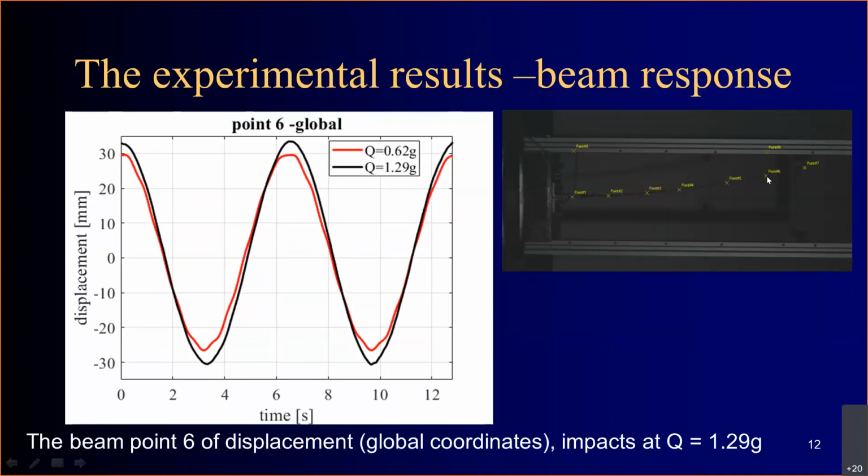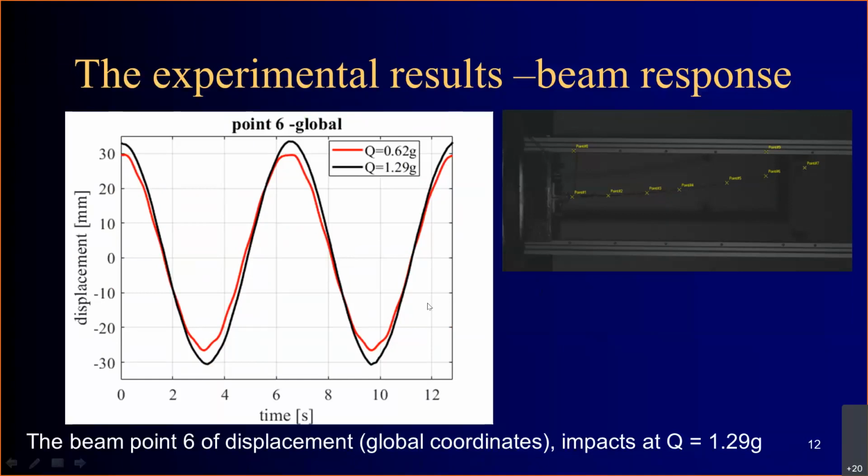Displacement of another measurement point, also in the global coordinate system, is demonstrated in this slide. This point is located close to the free end of the beam, and the higher harmonics of the displacement are hidden here, especially when observation is conducted in the global coordinate system.